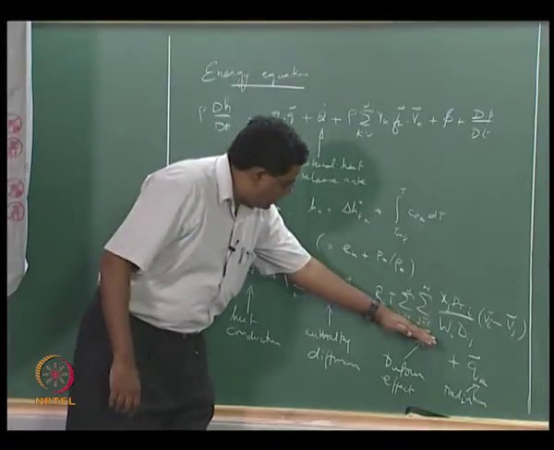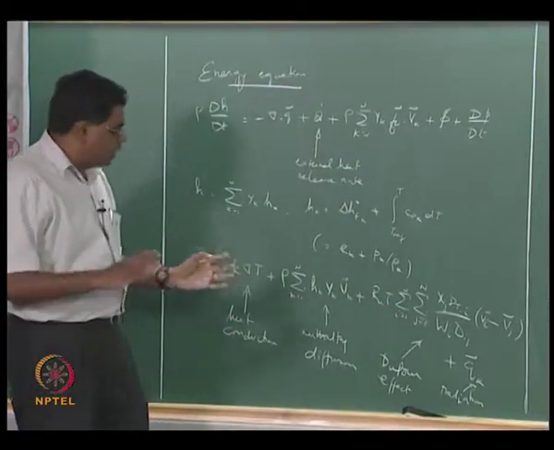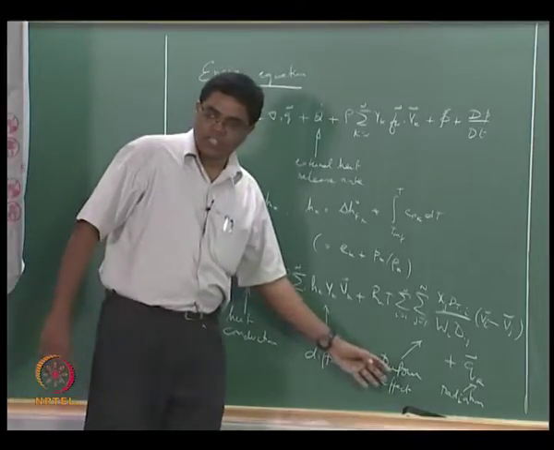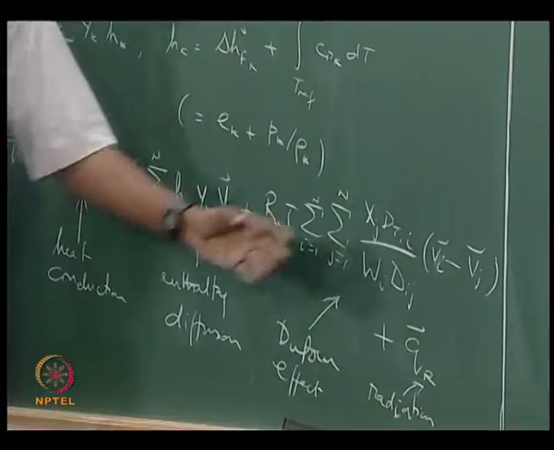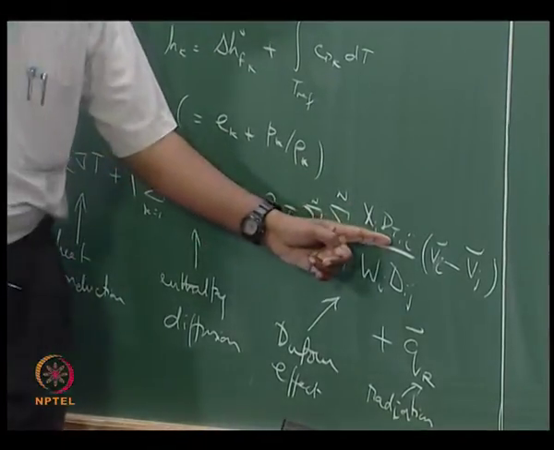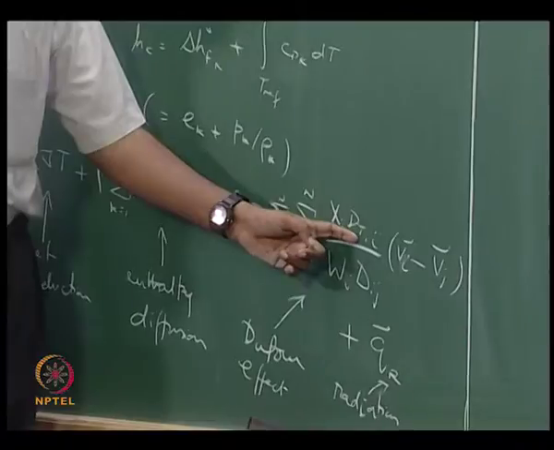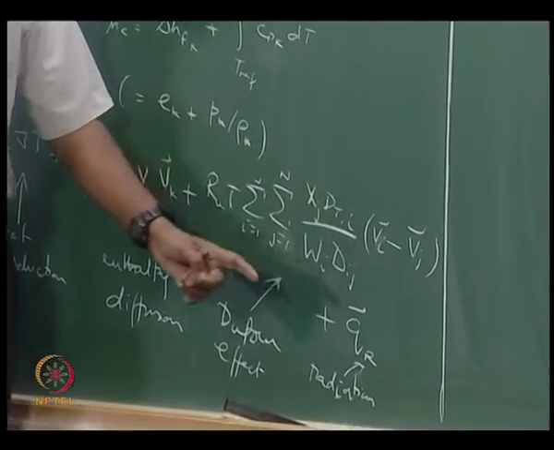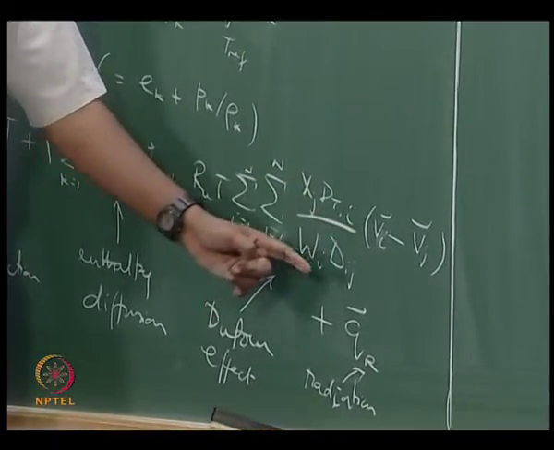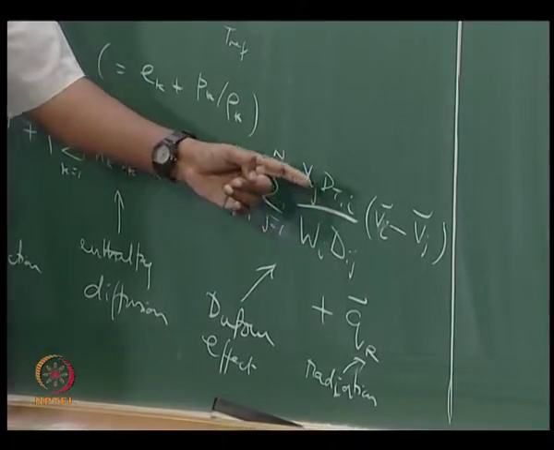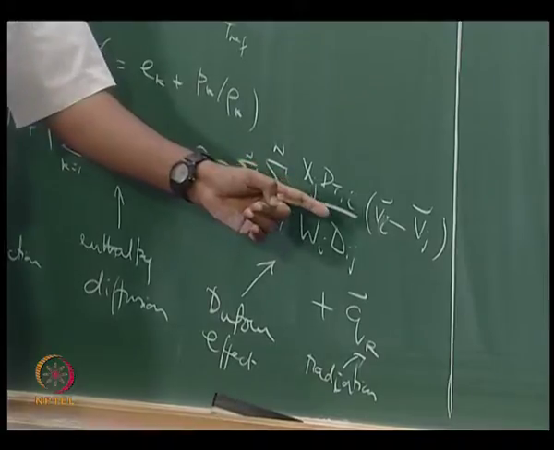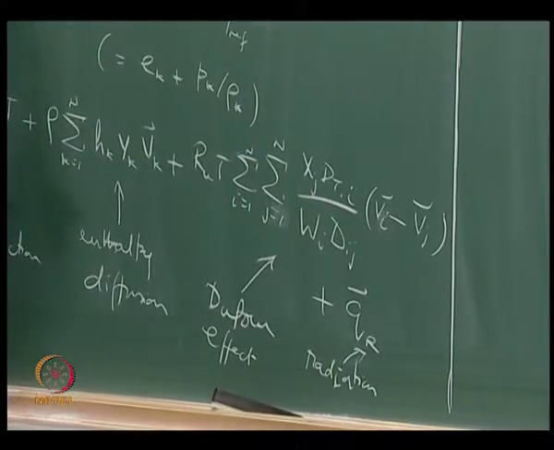This is a term that is the counterpart of the Soret effect that we saw in multi-component diffusion. This is called the Dufour effect. As you can see, you have the thermal diffusion coefficient DTi divided by Dij showing up, where Dij is the familiar binary diffusion coefficient, and we had noticed the thermal diffusion coefficient earlier as well in the Soret effect.